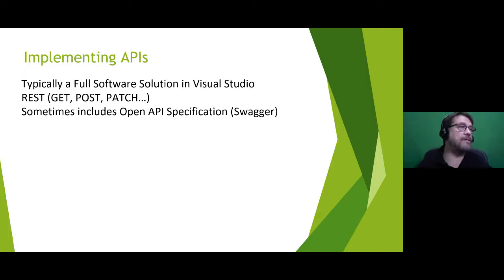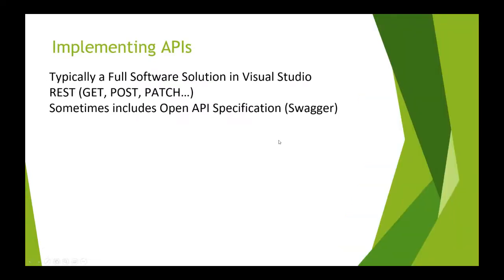Yep. Cheers. So basically, implementing APIs. We've kind of looked at this a little bit already, but we'll go back through a little bit of that. The big thing that is different from doing an API in, say, a Visual Studio C# API project is that it's really easy to bolt on the open API specifications or Swagger to your API.